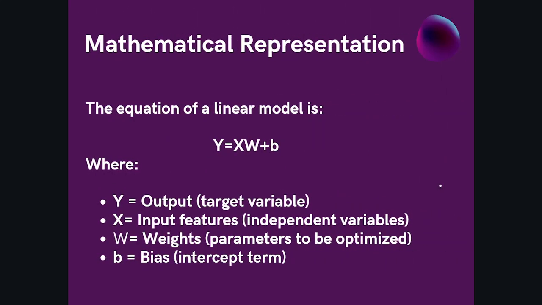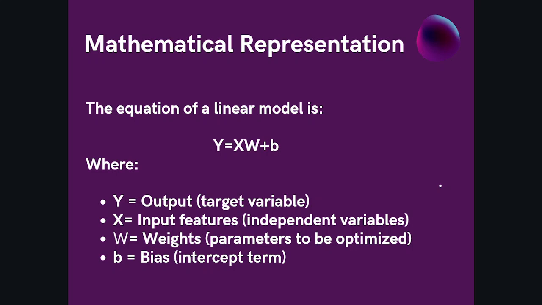Mathematical representation. Now let's come to the practical approach, how the equations turn into intuition and into predictions. The equation of the linear model is basically y = xw + b. Any student who has studied the normal linear equation can understand this equation, but the key here is to go with intuition, not just the formula.